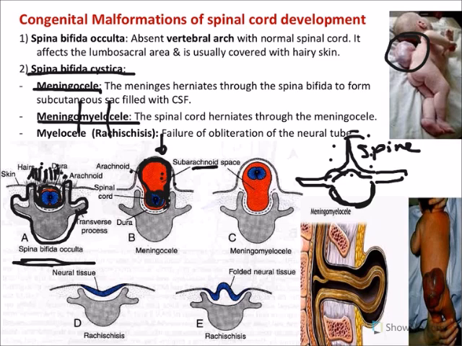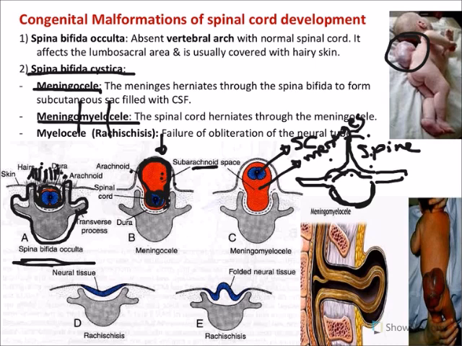In this condition, both the spinal cord and the meninges protrude into the sac filled with cerebrospinal fluid. And surely, this is more dangerous than the meningocele. This is called meningomyelocele.